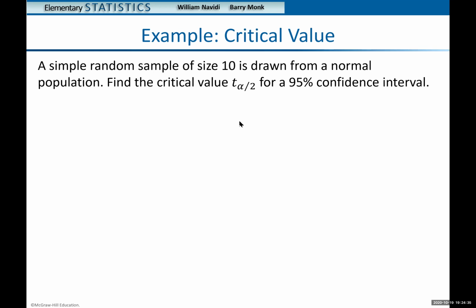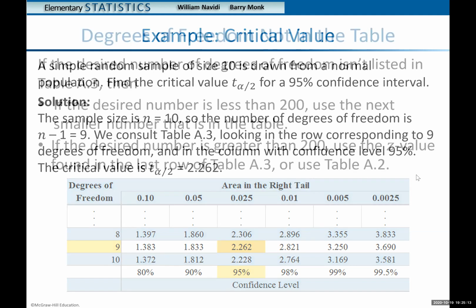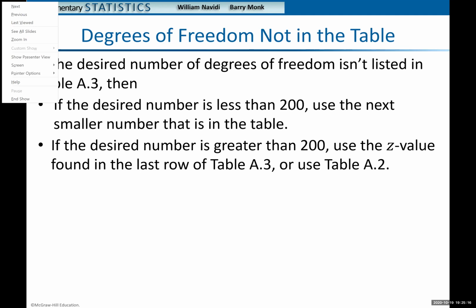So this is by using a table, but since we don't have the table, how do we use a critical value using your calculator?